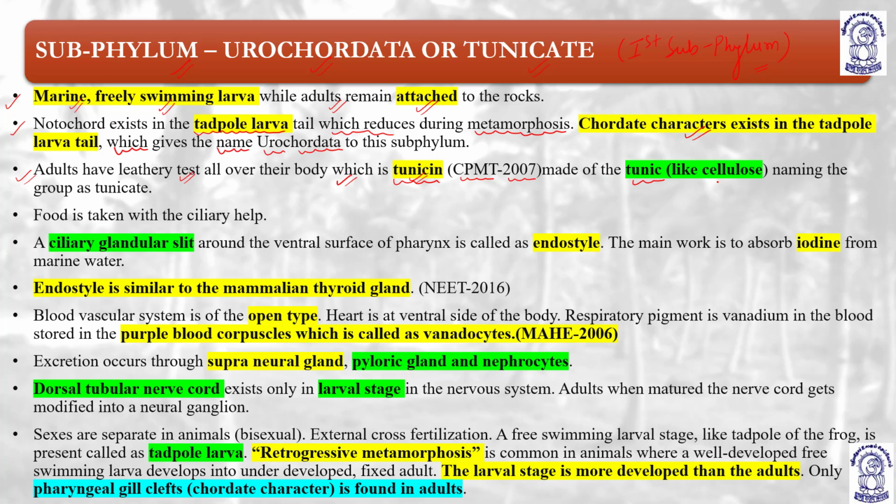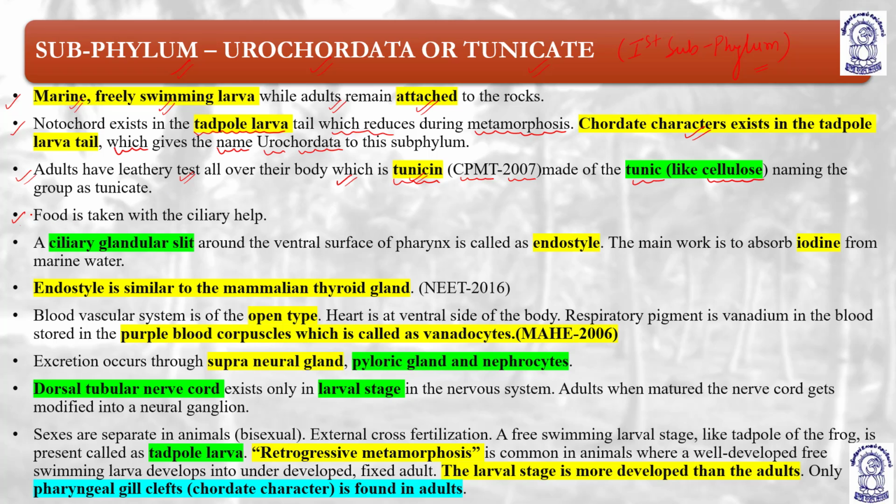Tunic is basically a kind of complex sugar or a polysaccharide, naming the group as tunicates. So they have a very hard covering, and that is why they have been part of fossils as well. So adults have a leathery covering all over the body, known as tunicin, which is made up of tunic, like cellulose, and naming the group tunicates, right?